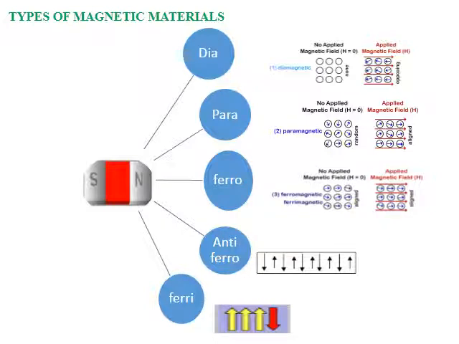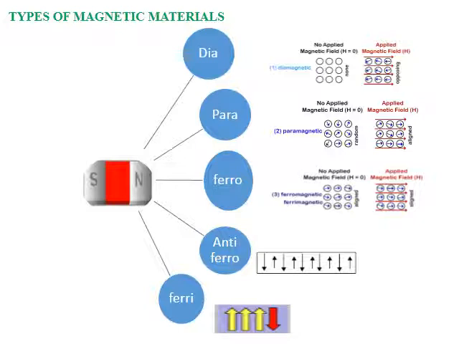Based on our previous discussion, depending on the number of dipoles and their orientation, the value of susceptibility and permeability, and the orientation of dipoles in the absence of an external magnetic field, magnetic materials are classified into mainly 5 types. They are diamagnetic, paramagnetic, ferromagnetic, antiferromagnetic and ferrimagnetic materials.